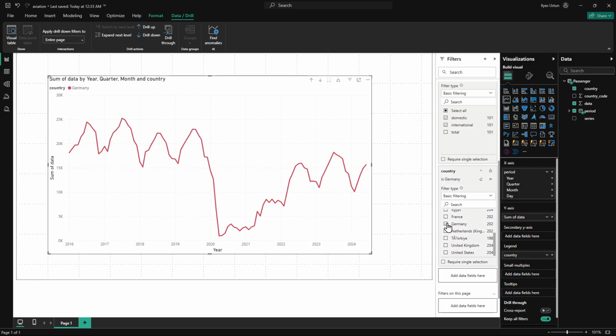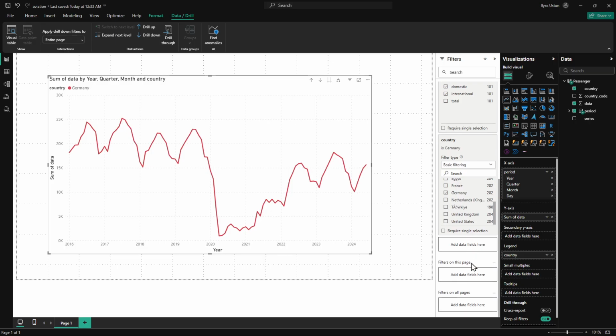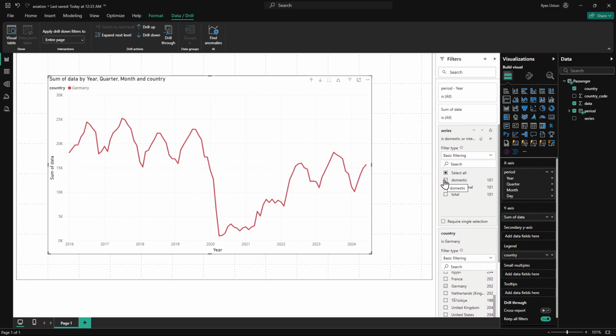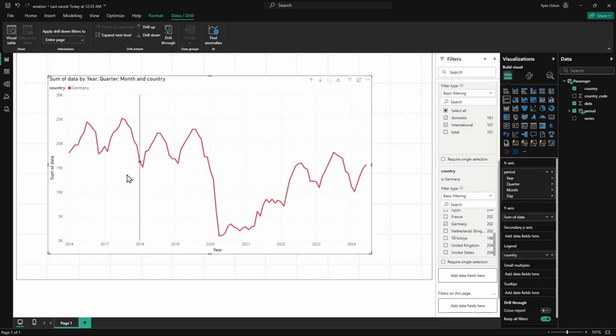So for example, if I now select Germany, and let's just stay with Germany, why do I see a single line? Well, that's because of this legend here. I put the coloring to be based on the country, so now it doesn't distinguish between domestic and international flights.